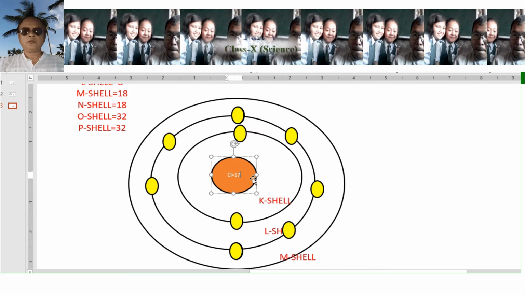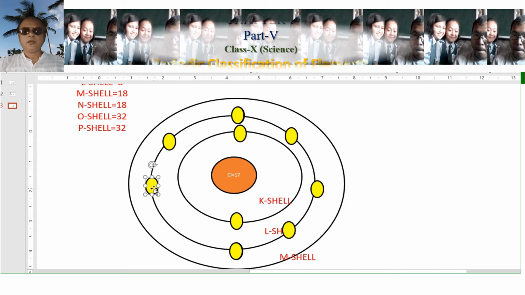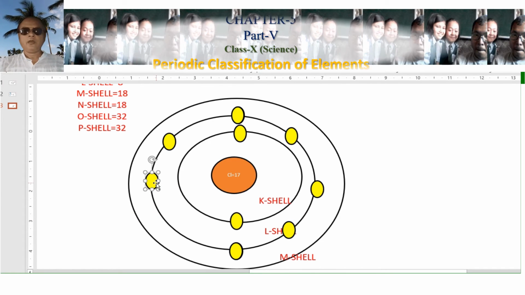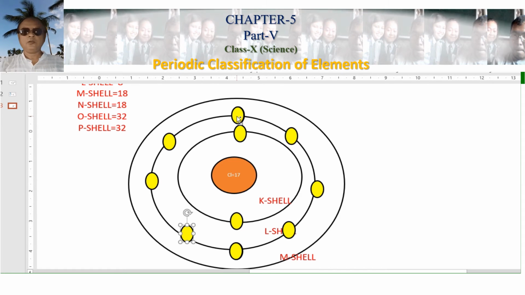So the first shell, the K shell, will have 2 electrons, and the second shell, the L shell, will have 8 electrons. Now 7 electrons are remaining. So in the M shell there will be 7 electrons.